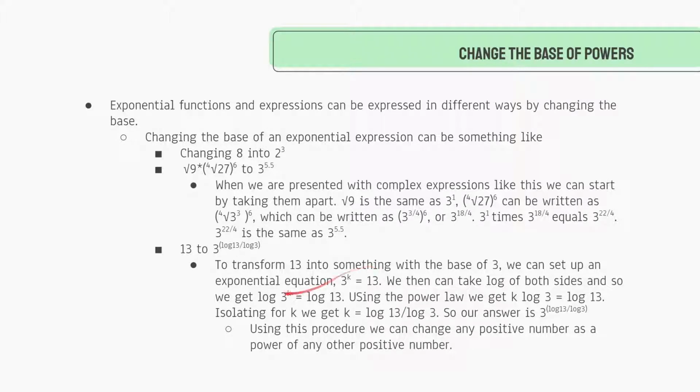So if this was 15, for example, that wouldn't change a single thing. Our answer would simply be 3 to the power of log of 15 over log of 3. You can do this procedure for any number, which is why it is super important for you to understand, because we will be using this property when it comes to solving exponential equations.